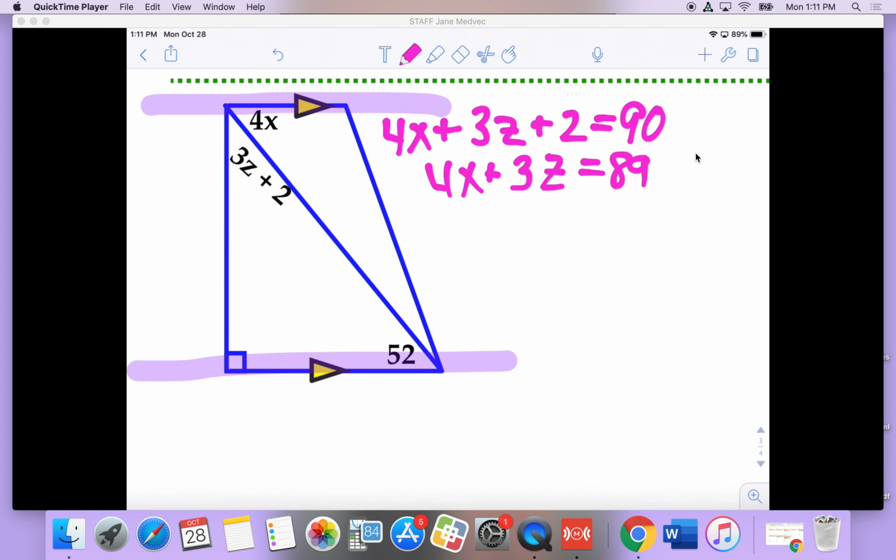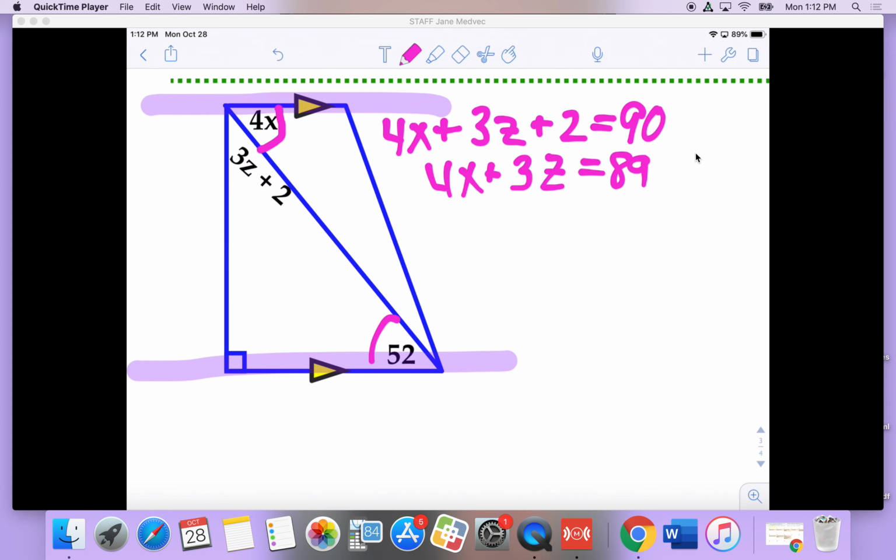Yeah. 3z plus 2 equals 52. So you're saying that this equals this. I think so. You're close. You're really close. Rather than 3z plus 2 equaling 52, I'm going to make 4x equaling 52.